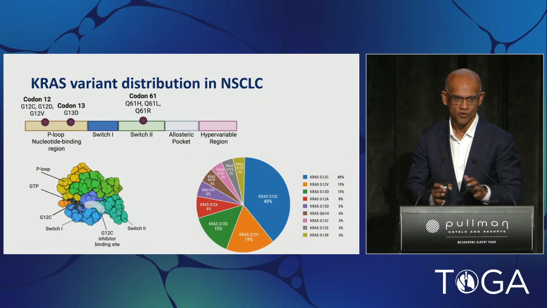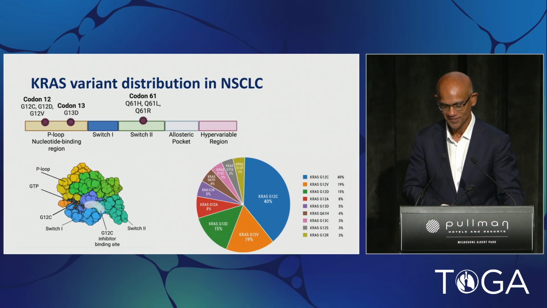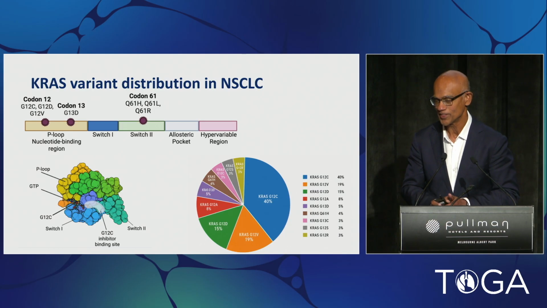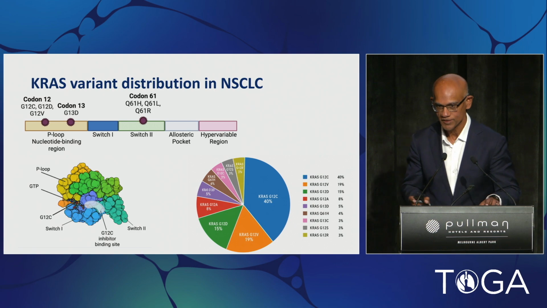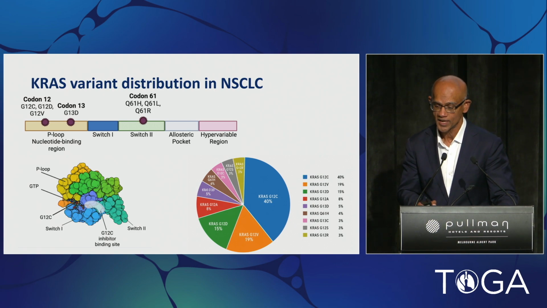Looking across, Sanjay had a very nice comment about there being no EGFR mutation positive patients and there's heterogeneity, and the same applies for KRAS. There are multiple different KRAS mutations, and we do need to start thinking about which specific mutations we're talking about.